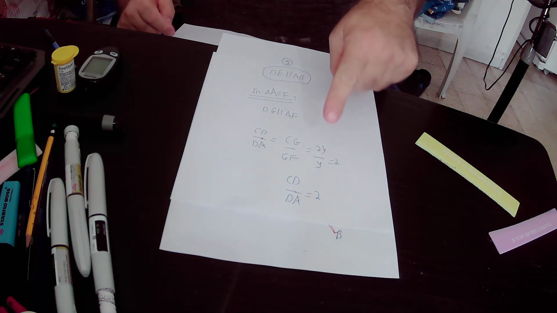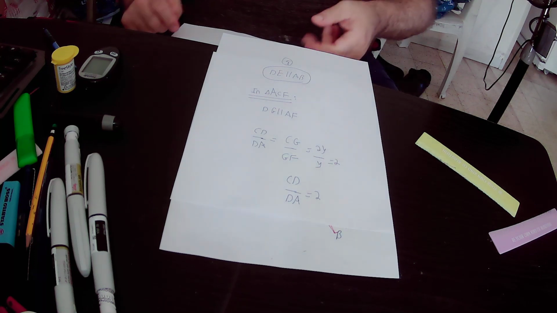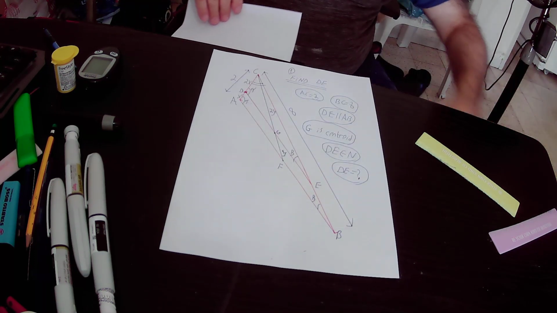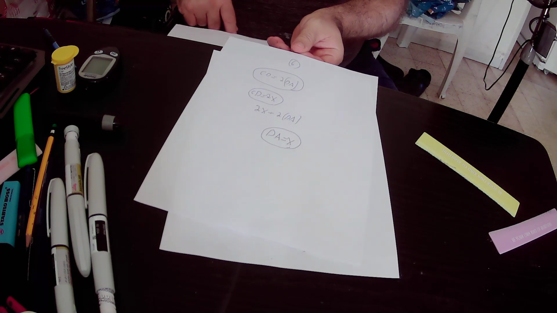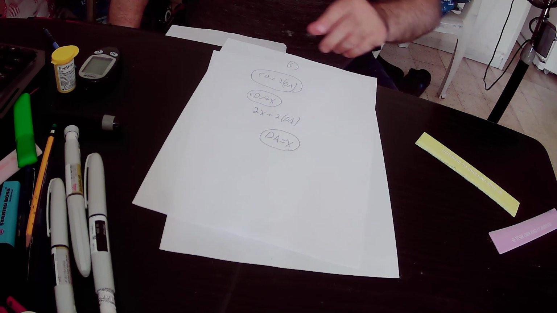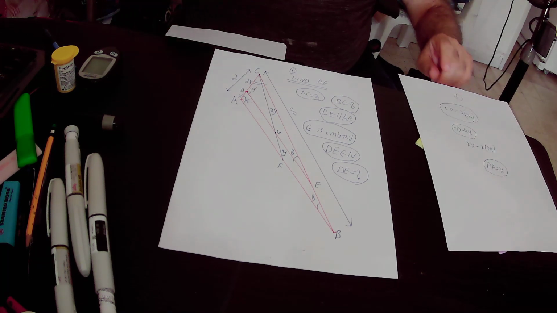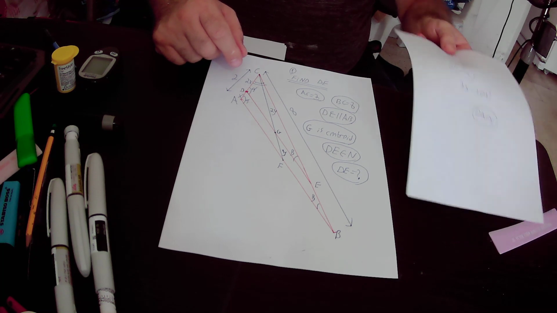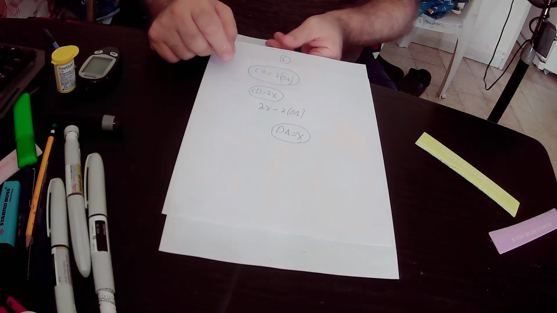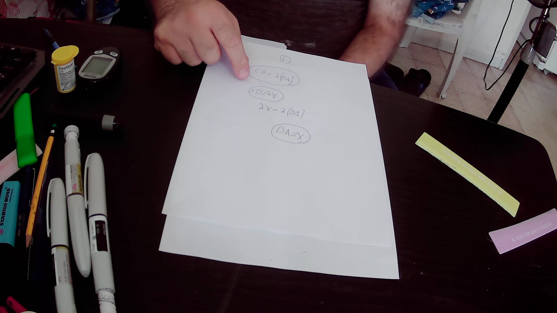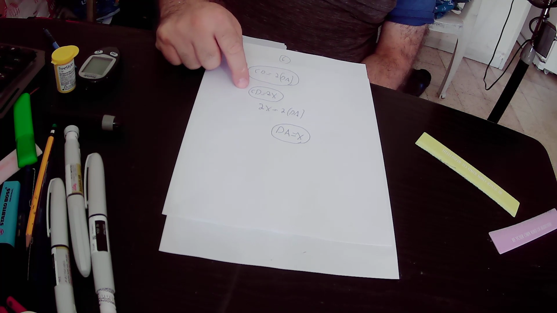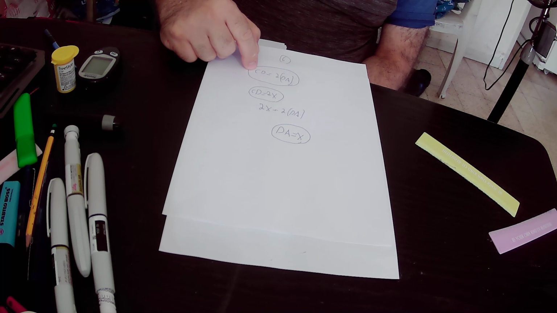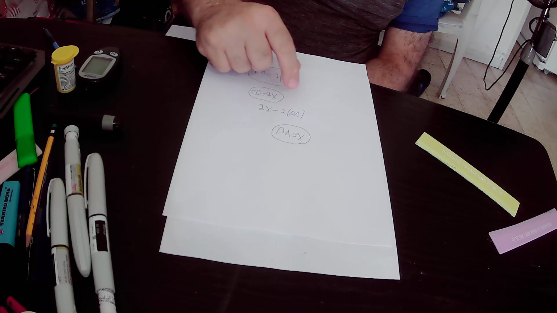We can multiply this equality by DA and we will get that CD equals 2 times DA. CD is twice as large as AD. Therefore, if we define CD as 2x, we can substitute CD in this equality by 2x and we will get that 2x equals 2 times AD.